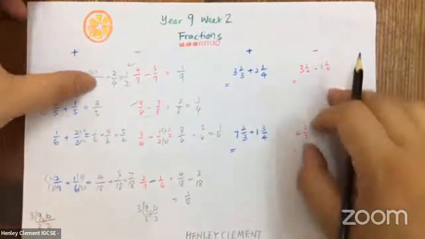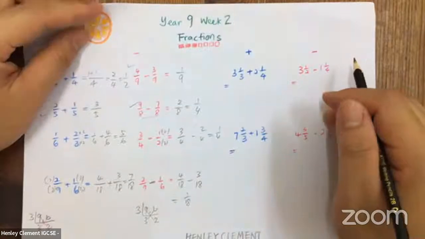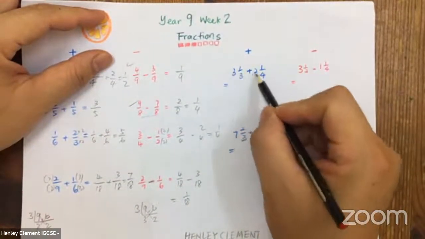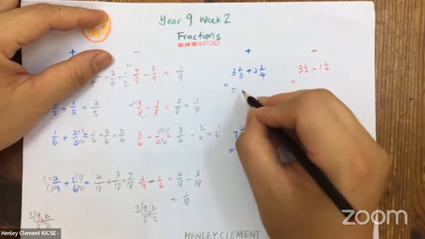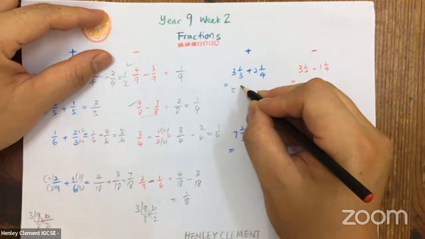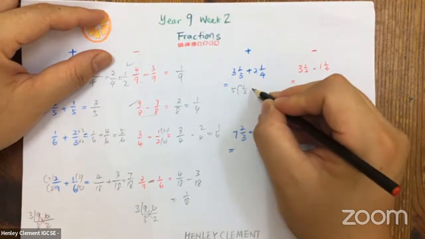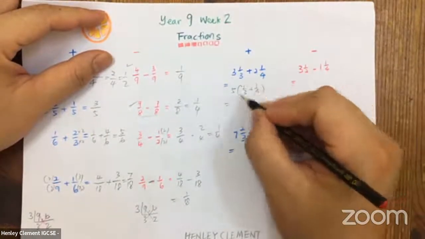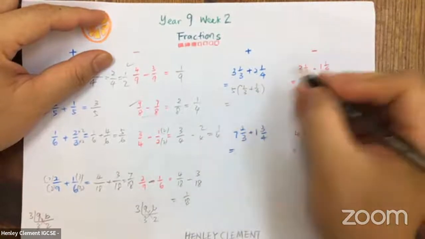Okay, so this is a mixed number. We need to add the whole numbers together. So we have 5, and then we have 1/3 plus 1/4. We know that we need to change it to 12 because this one times 4, this one times 3.